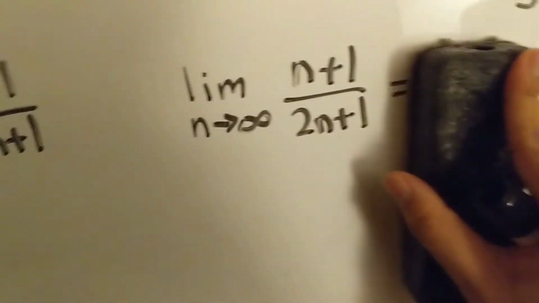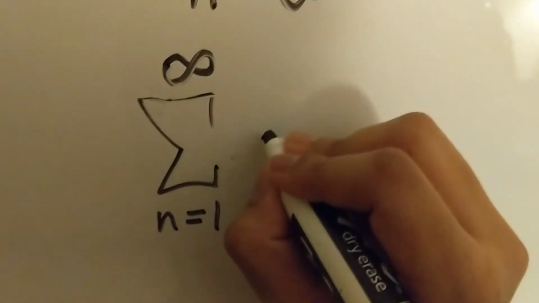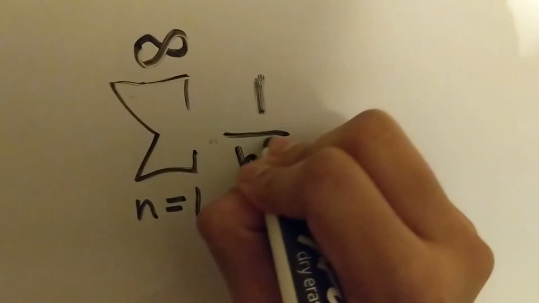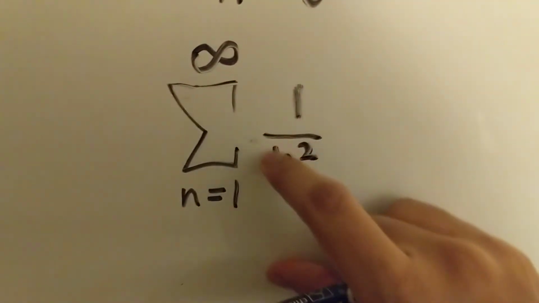However, what if we had a situation such as this? Instead of the previous one, let's say we have 1 over n squared. And that's n, by the way. Let me make that a bit more clear, it kind of looks like an h.